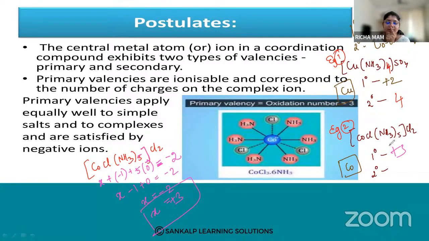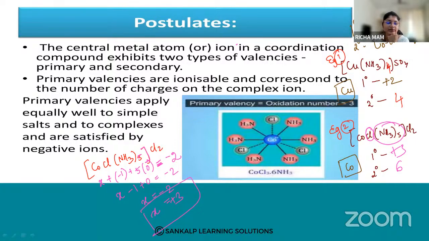And for the secondary valency, how many ligands are there? See here, Cl is also one ligand. Add that also. So 5 plus 1 is 6. So the number of ligands around the central metal atom is 6. So the secondary valency is 6. Okay, fine.